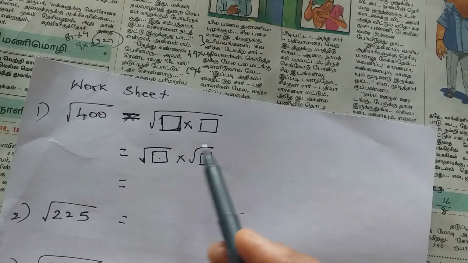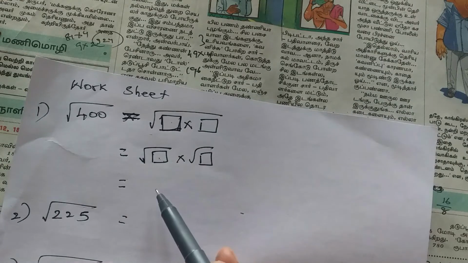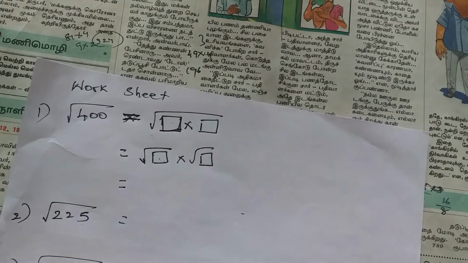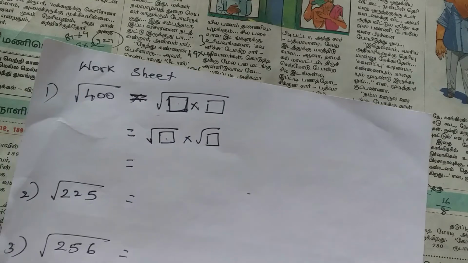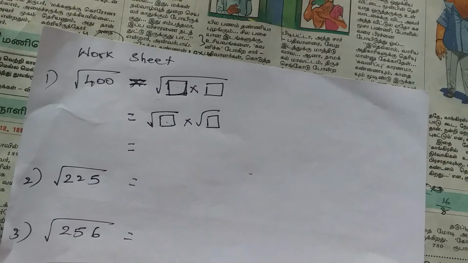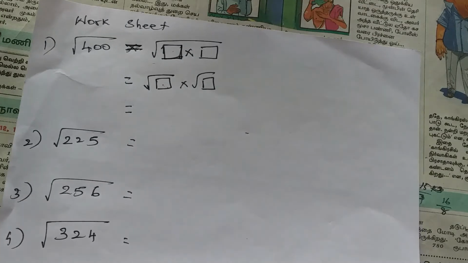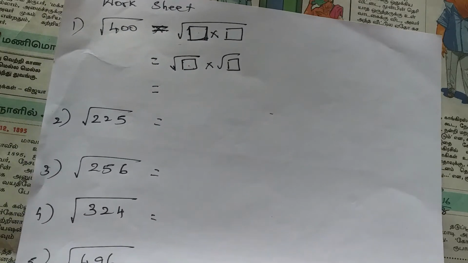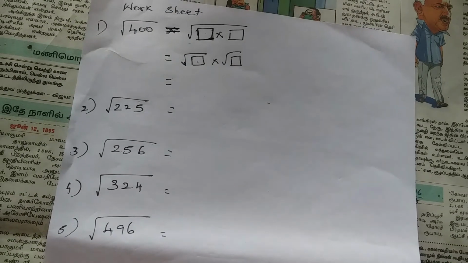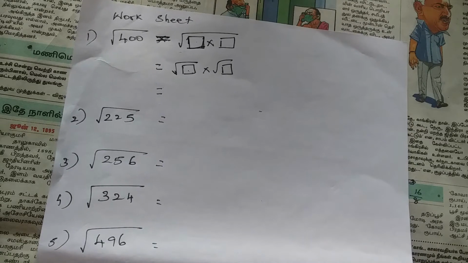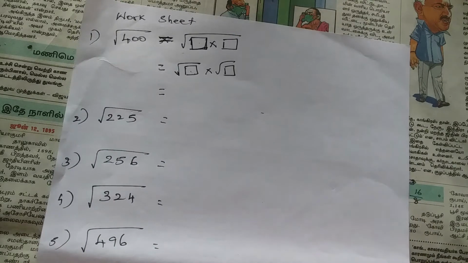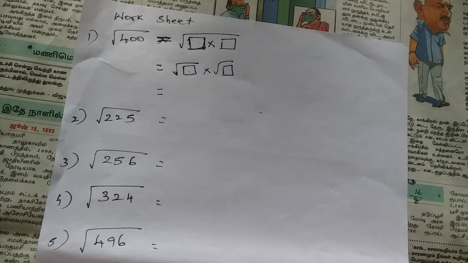Then find the square root of 4, find the square root of 100, then multiply them. That's how we have to do as we saw in the examples. And your numbers are root of 225, root of 256, root of 324 and root of 496. So split all the square numbers as a product of square numbers, find their square roots, multiply and get the answer. Okay.